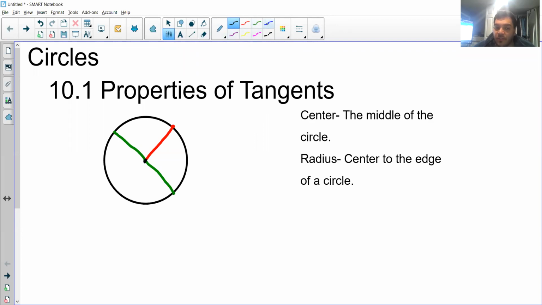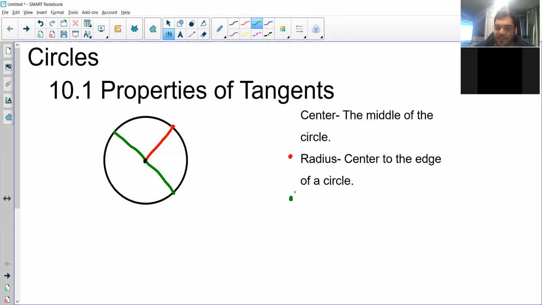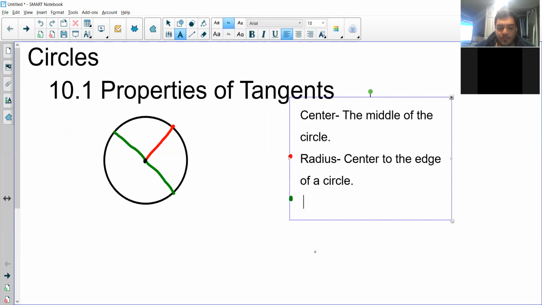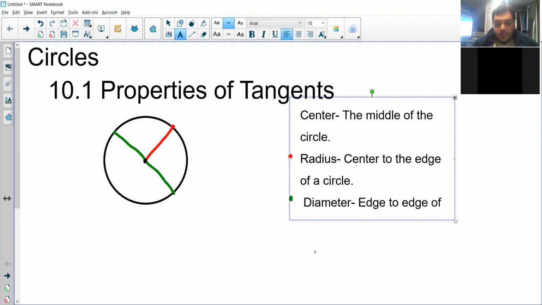I'll give you a hint, starts with a D. Diameter. Nice, good job. That's the diameter. So the diameter goes edge to edge of the circle.